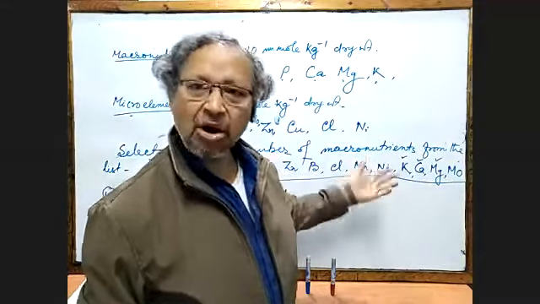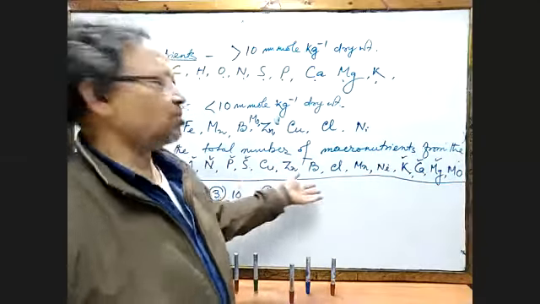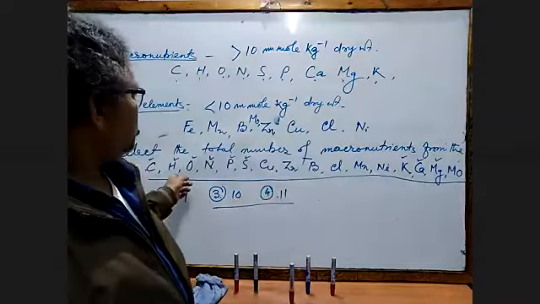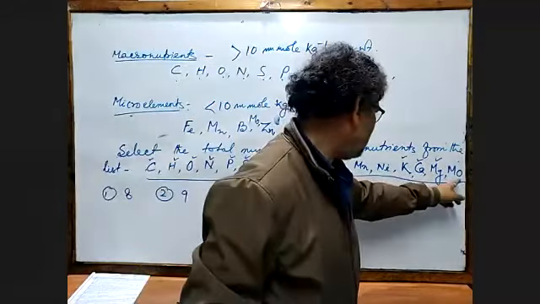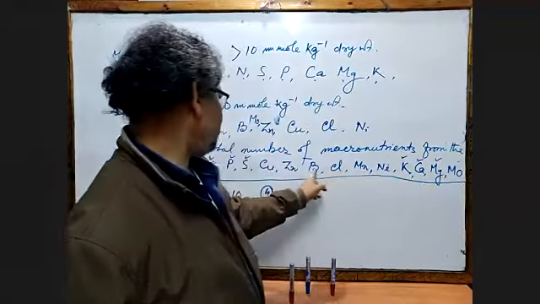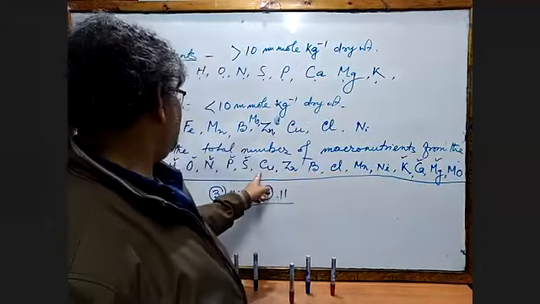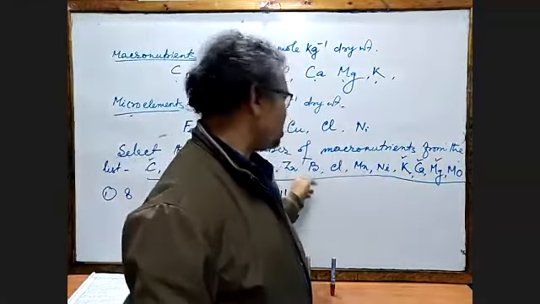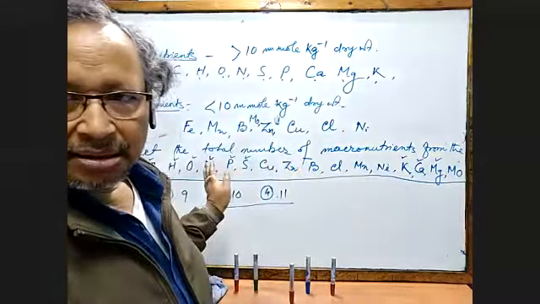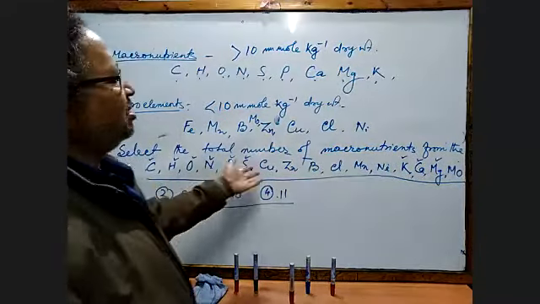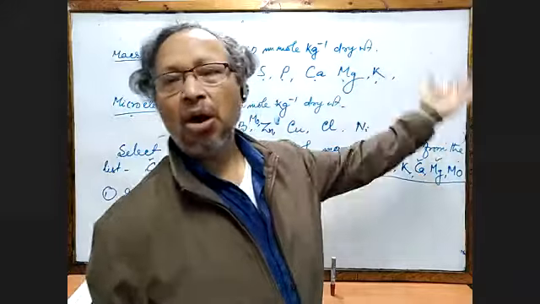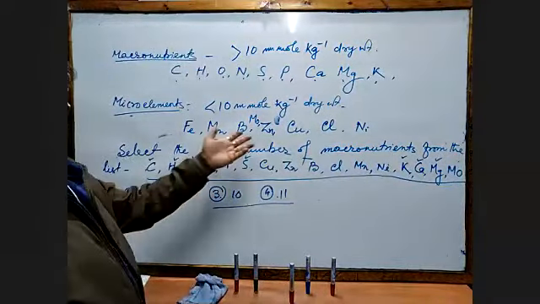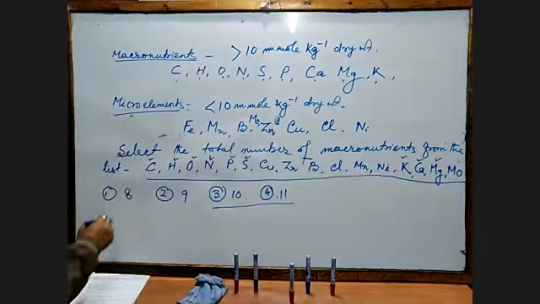The list may not have all the macronutrients; it may be less. Here it is altogether 16 out of the 17 elements that have been added. This list may be long, the list may be short, but you have to remember and you can get the answer.